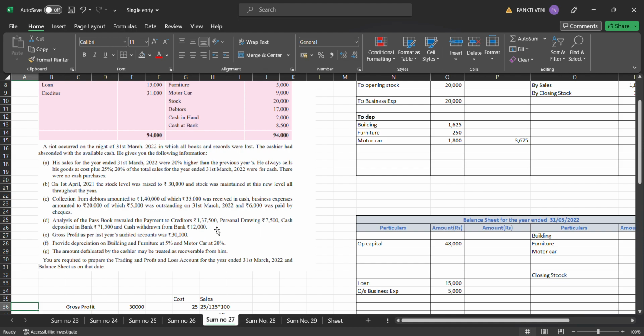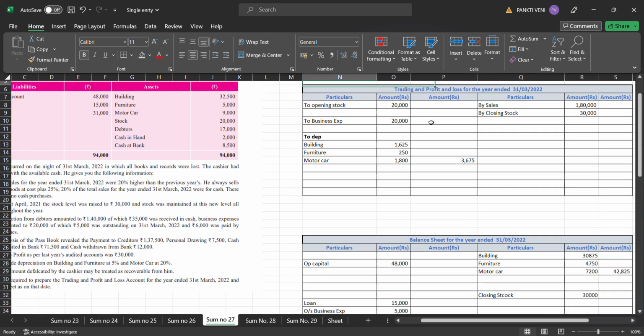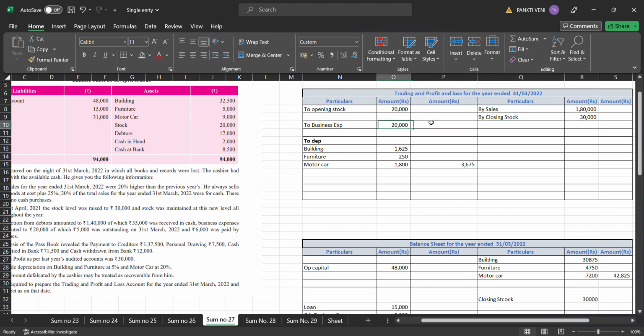Here 1,37,500 and you have purchases. Purchases is your balancing figure from above. So you have opening stock, closing stock, and gross profit. What you will do here is take purchases as the balancing figure. Purchase details have not been given, so purchases will be your balancing figure.